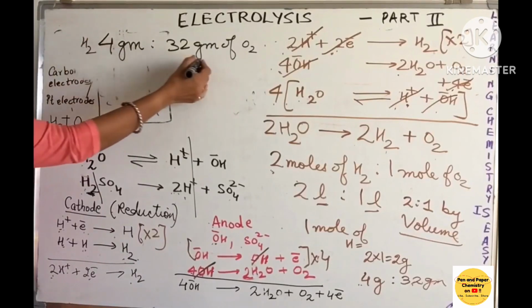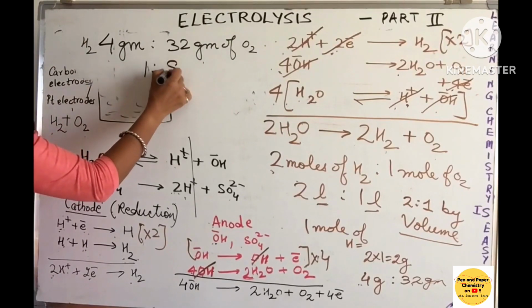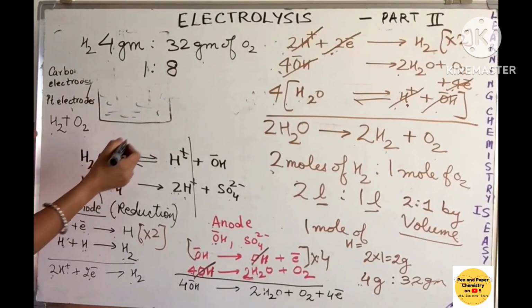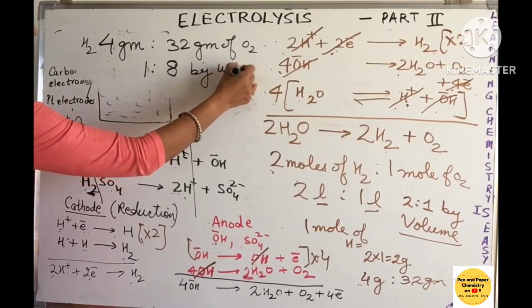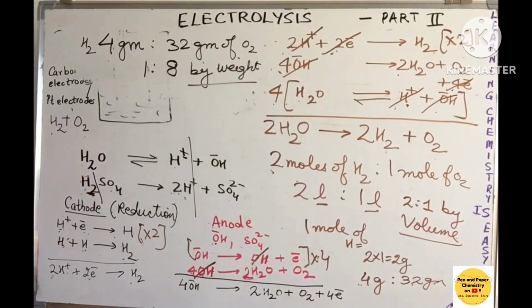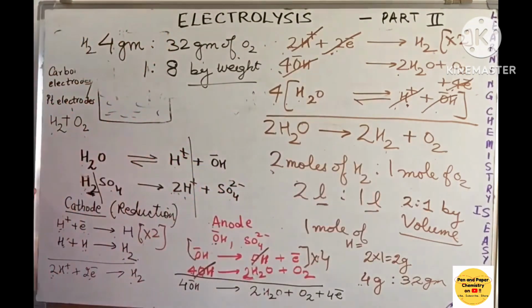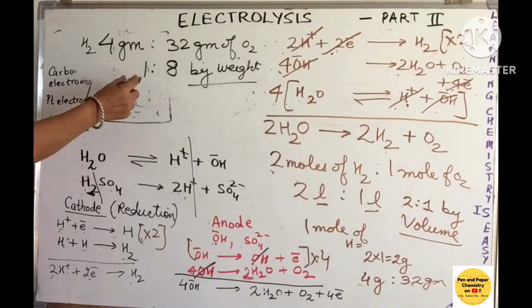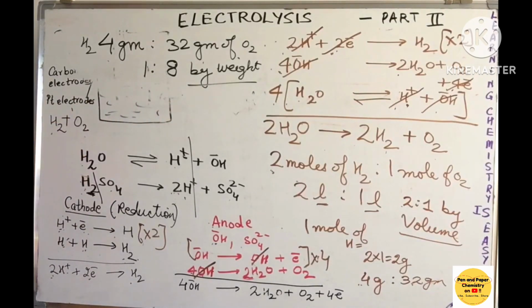So what is the ratio by weight? 1:8 by mass or by weight. And this also leads us to the formula of water as H2O. Please understand again, the ratio of hydrogen to oxygen obtained by volume is 2:1, whereas the ratio by weight is 1:8.